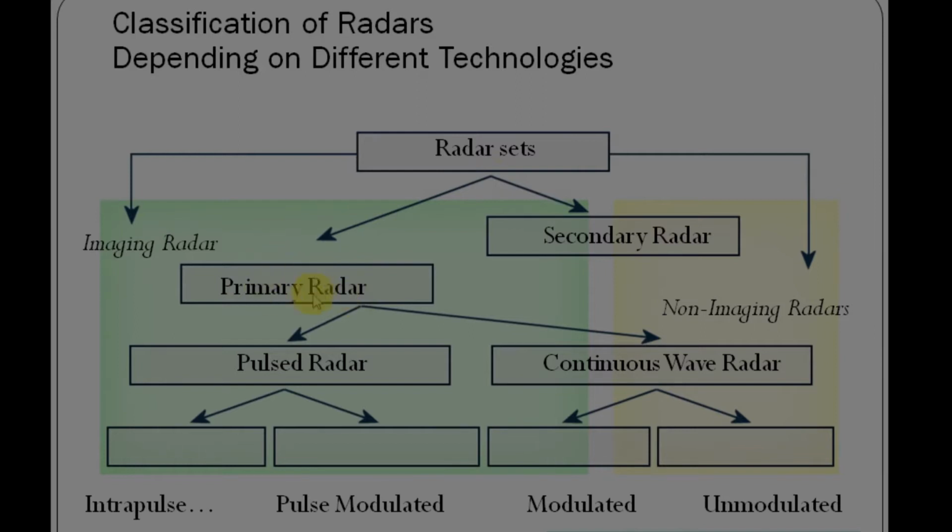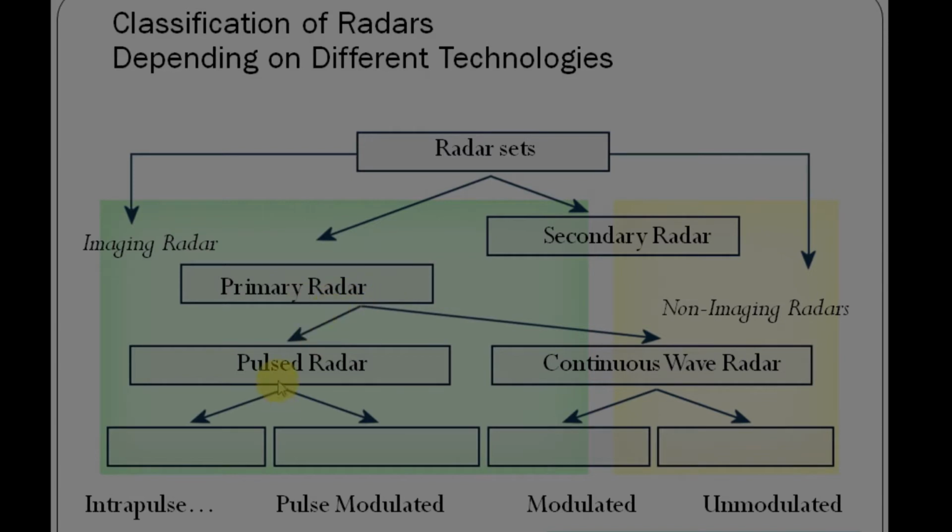Primary radar means where your transmitting, receiving part and antenna part are together. In secondary radar, the transmitting part is there, but the receiving part is placed very far apart from that location. So if the TX and RX are apart, it is called secondary radar. If the TX and RX are at the same point, it is called primary radar.